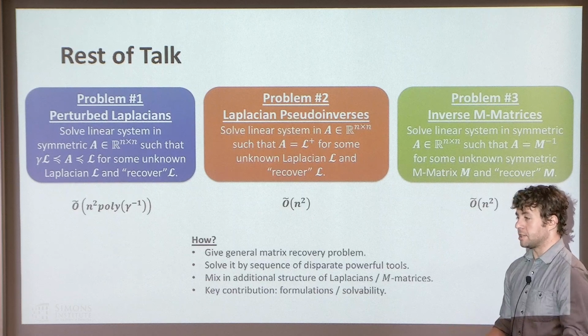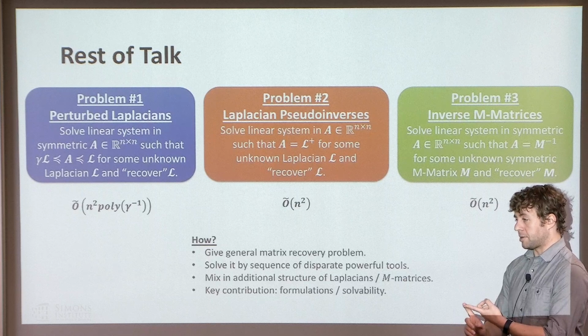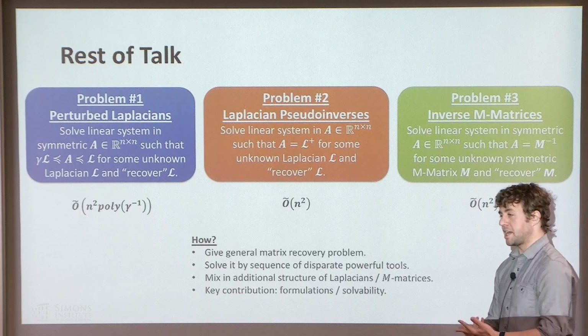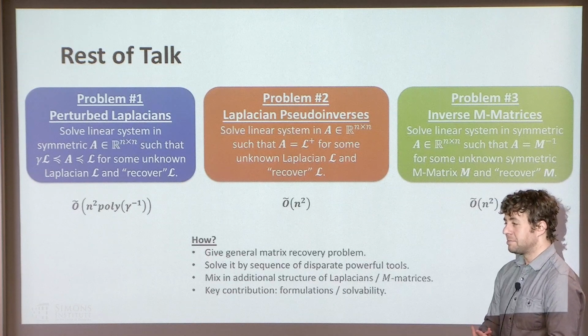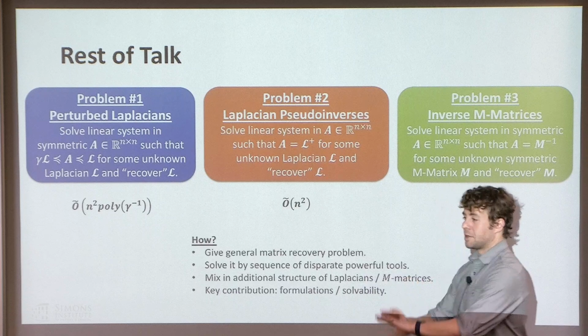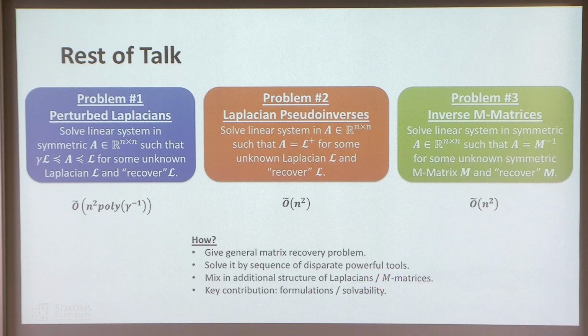It says nothing about approximation. And interestingly, it doesn't say anything about going from the pseudo-inverse to L, which is the one we actually care about for this problem. So it's not a direct hardness argument. It's just showing why it's non-trivial, suggesting that it's non-trivial.